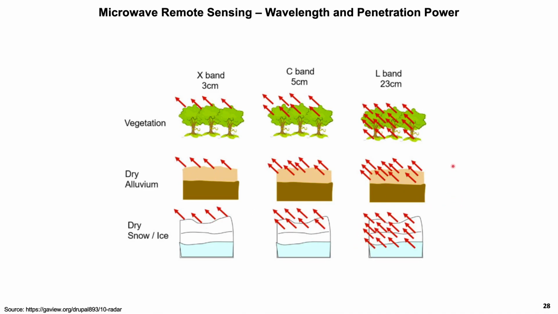So based on the wavelength, your penetration power is going to increase, and there are different applications. P band may be used for defense purposes. L band may be used for soil moisture assimilation studies. C band is what we most commonly use for our water resource engineering purposes, and X band is suitable for determining cloud movement and cloud cover.